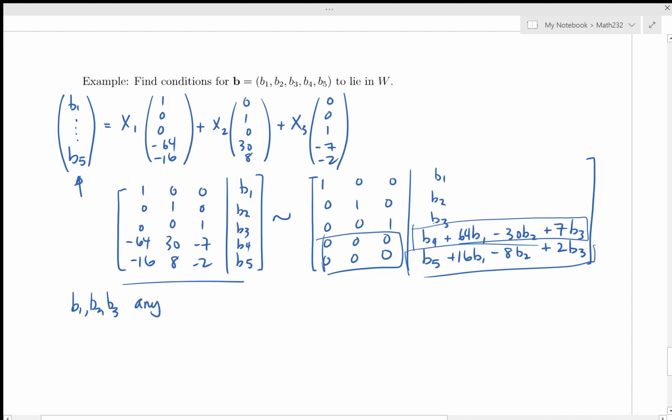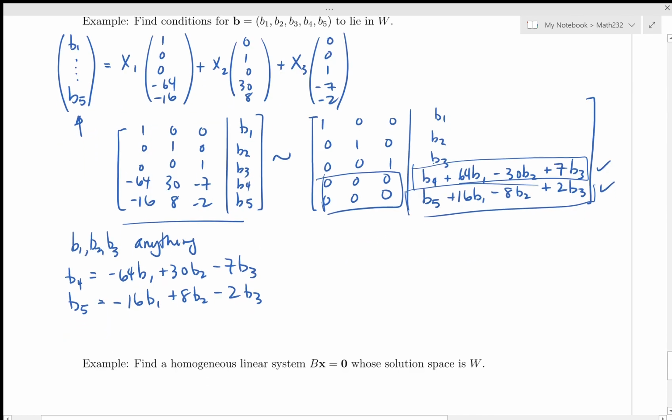Then these two entries in the column on the far right must be 0. That tells me that b4 will have to be equal to minus 64b1 plus 30b2 minus 7b3, and that b5 will have to be equal to minus 16b1 plus 8b2 minus 2b3.